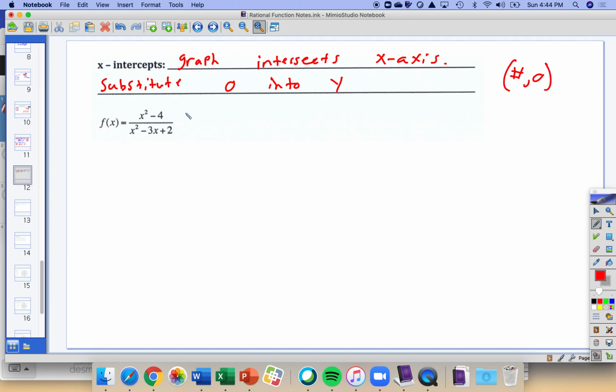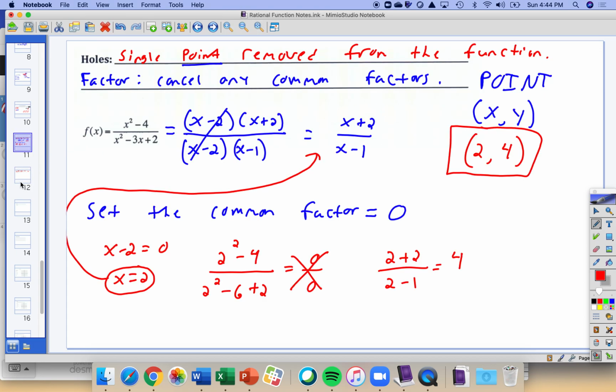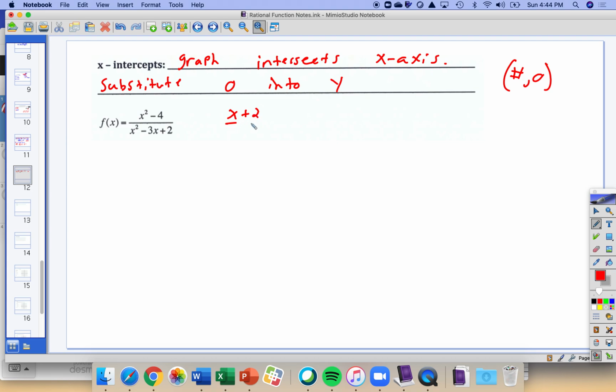So if I'm looking for the x-intercepts of this, I can either do it for this one, or I can do it for the simplified version, which we have here, which is x plus 2 over x minus 1. Because remember, they're the same graph, right? So I'm going to use the simplified version because there's less numbers. And when I set this equal to 0, in order to solve this, I'm going to multiply both sides by x minus 1.